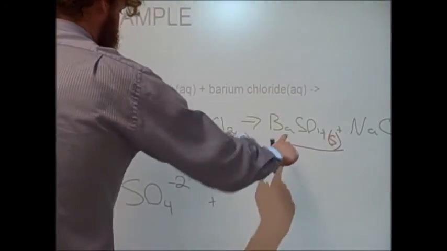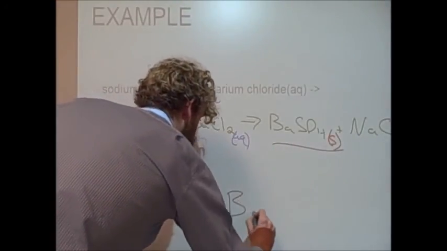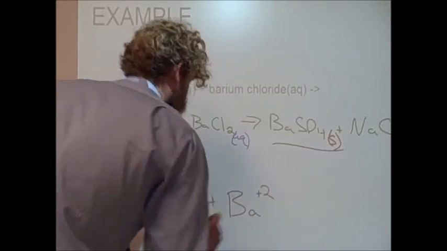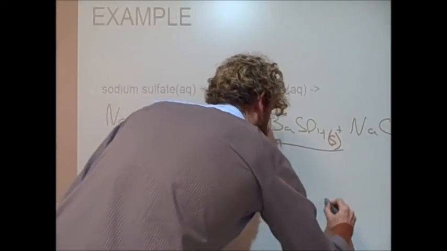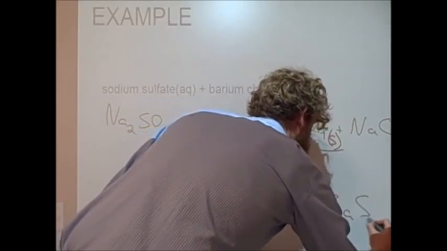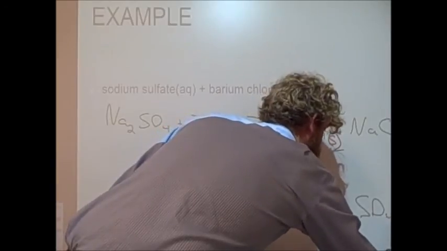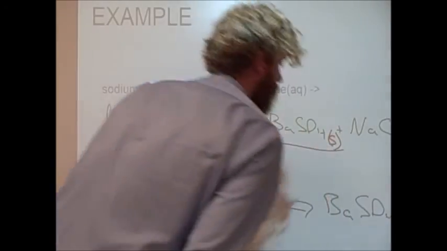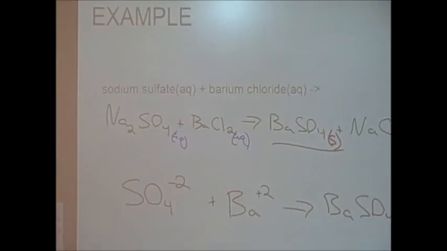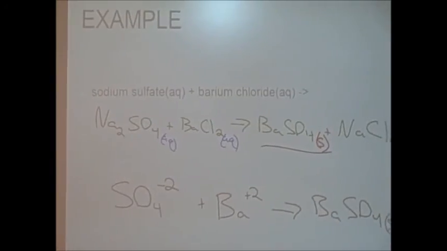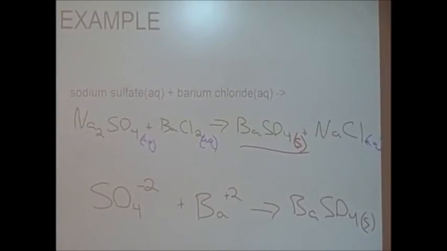Plus, the other part of that is barium, +2, yields barium sulfate, solid. Make sure you guys can see that. Barely. Sorry about that. So that is how you do net ionic equations.